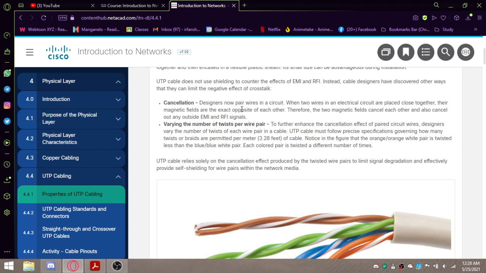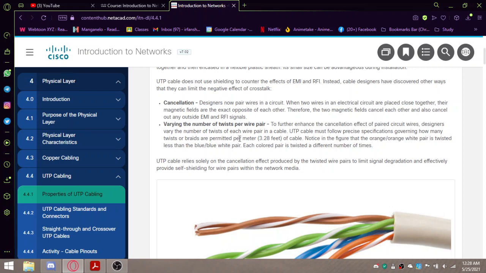Designers now pair wires in a circuit. When two wires in an electrical circuit are placed close together, their magnetic fields are the exact opposite of each other. Therefore, the two magnetic fields can cancel each other, and also cancel out any other EMI and RFI signal.